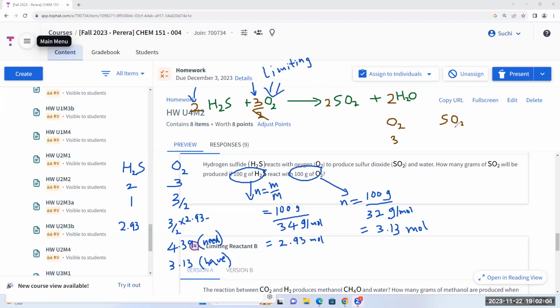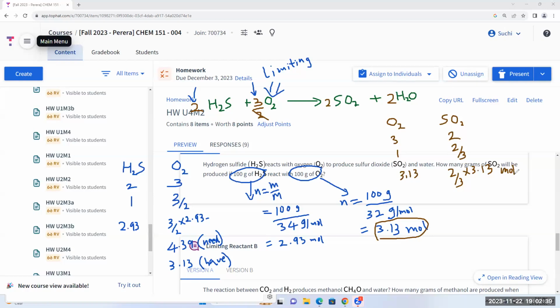From the balanced chemical reaction, with 3, we're going to get 2. So with 1, we are going to get 2/3. But we have 3.13 moles of oxygen, therefore we are going to get 2/3 multiplied by 3.13 moles of SO2.